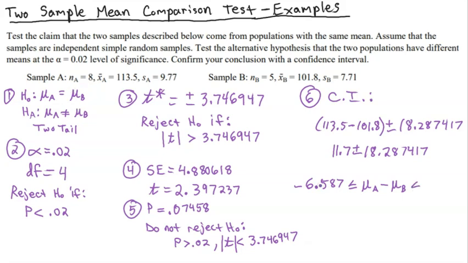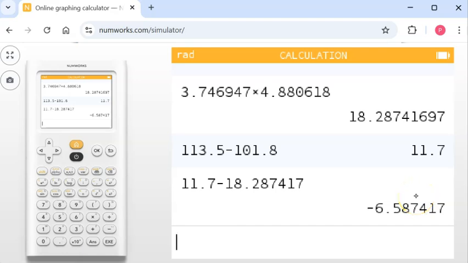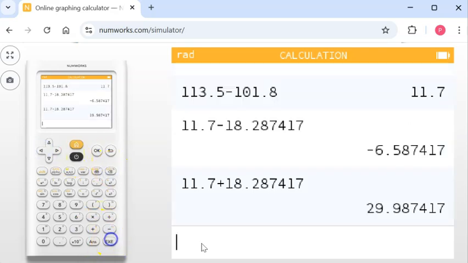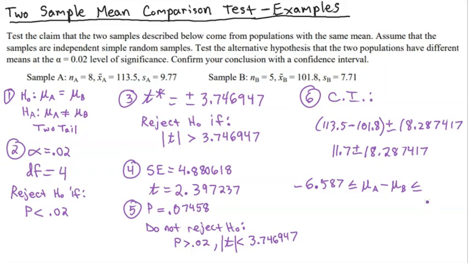And then that's going to be less than or equal to, now we're going to take these same two numbers and add them together. So 11.7 plus 18.287417, we take away the minus, make a plus, and we get 29.987. And look, we have a negative number here, we have a positive number here.